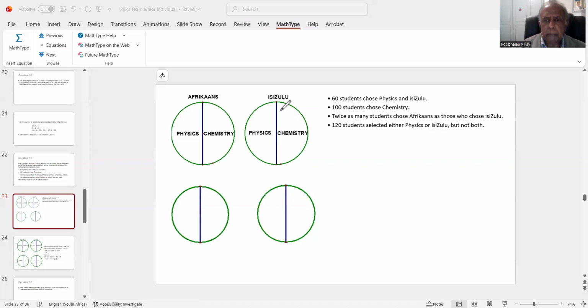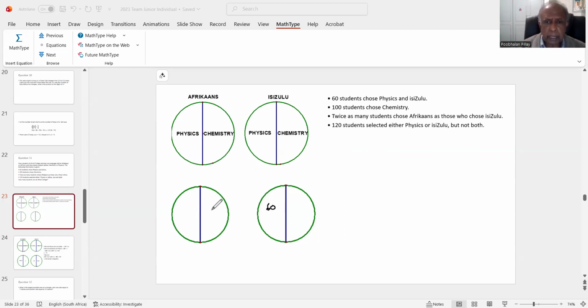So you got physics and isiZulu, there's 60 here. So I'm going to put it down in the slot here. 60 students. 100 students chose chemistry. So we don't know how many in each of them. So you got the chemistry is here and here.